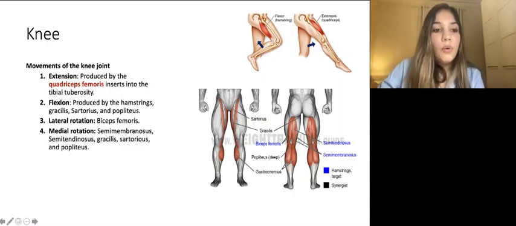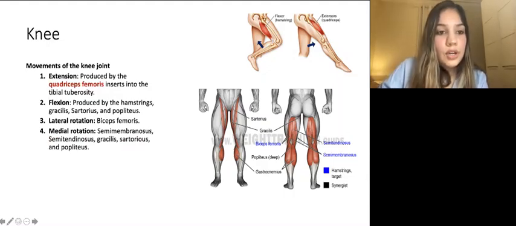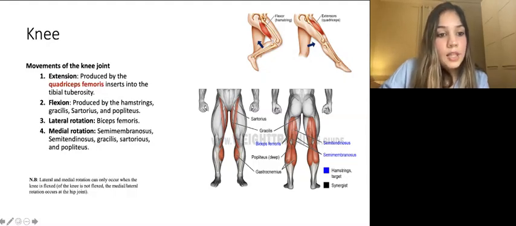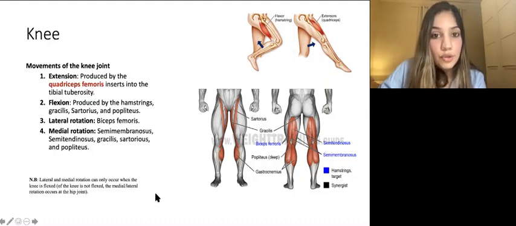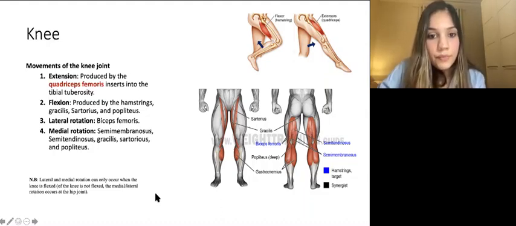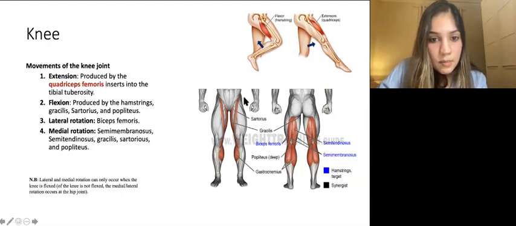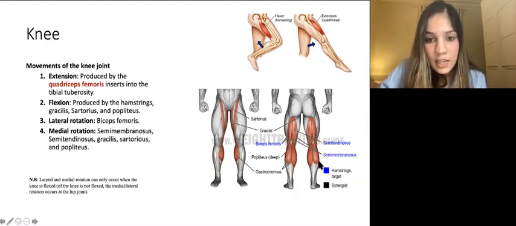You can also do lateral and medial rotation, but this can only occur when the knee is flexed, because when the knee is not flexed, the medial and lateral rotations will occur at the hip joint rather than the knee joint. And these are just some of the muscles that are related to the knee, which we'll go through in further detail.